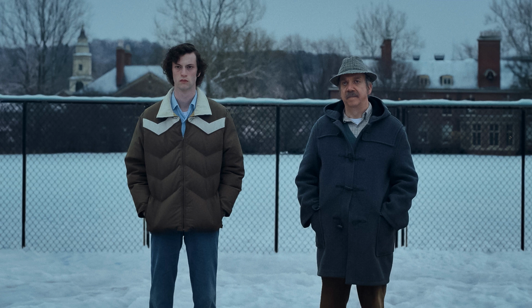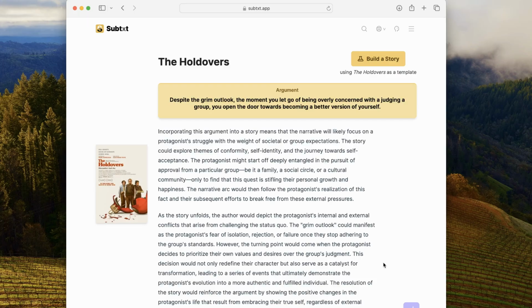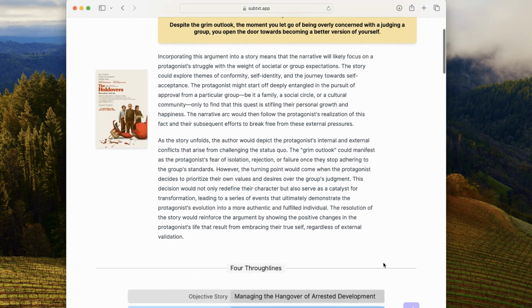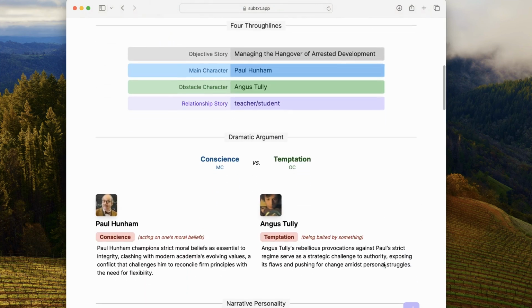So this came up recently when I was getting a demo of subtext, and I brought up the case of The Holdovers. So this is Alexander Payne's Best Picture from last year, 2023, where I talked about the pivotal elements, what we call the pivotal elements in subtext of the film, and how the main character pivotal element, the Paul Giamatti character, was conscience.